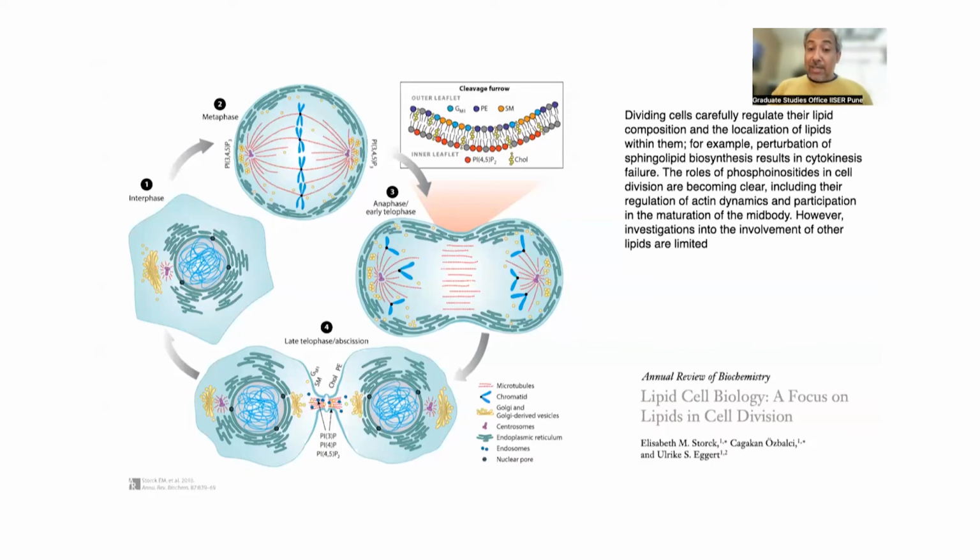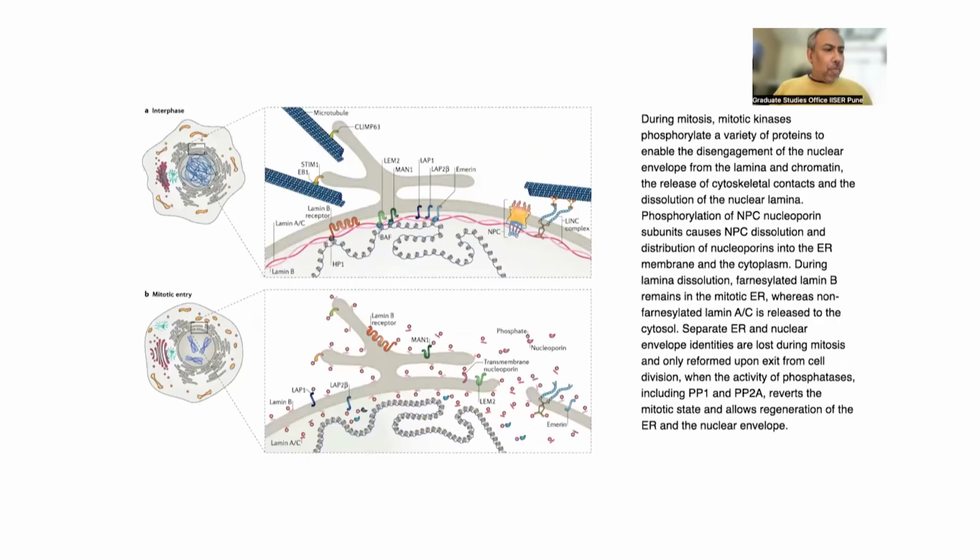So lipids are integral as part of the plasma membrane and other membranes, in regulating the cell cycle as well. A lot of the internal components, during various stages of the cell cycle, have to be broken apart, right? And that includes the nuclear membrane, that includes the endoplasmic reticulum. You remember the nuclear pore complex, which is part of the nuclear membrane, which then connects to the endoplasmic reticulum.